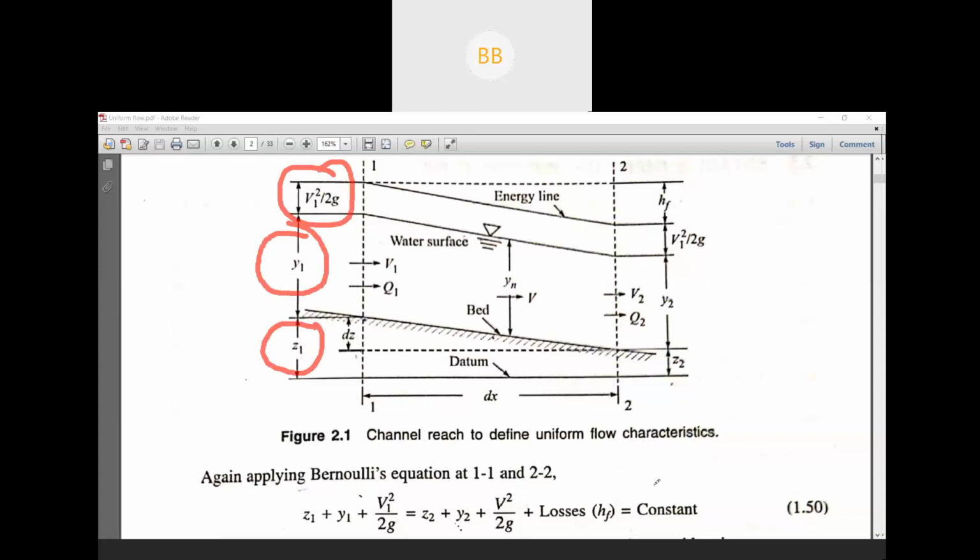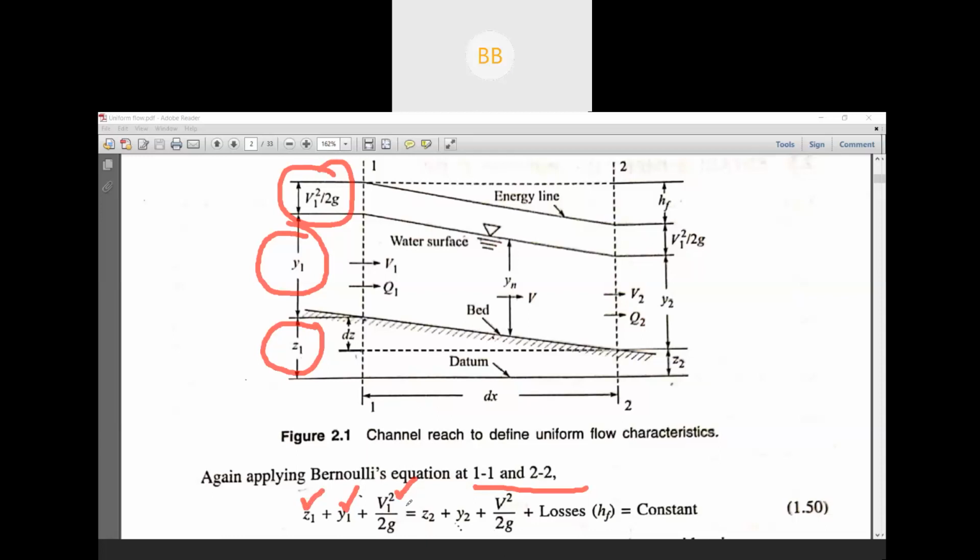That is why we are applying Bernoulli's equation at section 1 and 2. For the first section, if you find the total energy, we have kinetic energy head v1 square by 2g, then potential energy head, and at last the datum head.